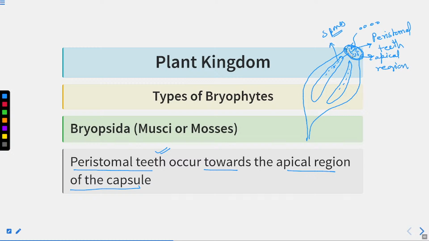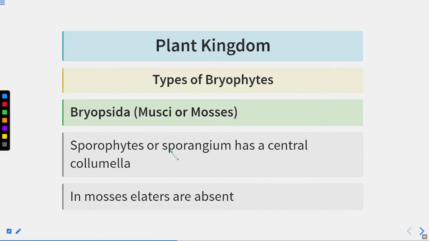This capsule is again covered by an operculum. So when it dries up, it dehisces, the operculum is detached and it exposes the peristomal teeth, right? And from these peristomal teeth, the spores come out. The sporophyte or the sporangium has a central columella.